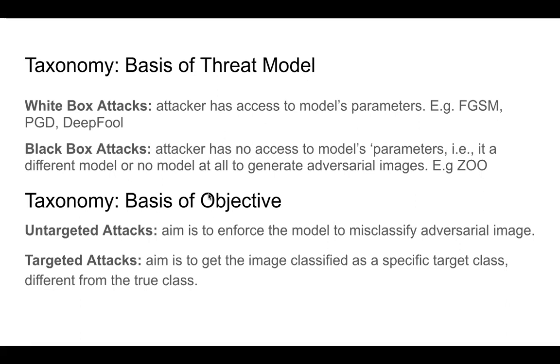You obviously know which task this model is doing, otherwise who are you fooling? You have to know which task it is doing and how to fool it into doing some wrong prediction. But you can never know the parameters, the architecture, or the distribution of the data with which it was trained. So that is called a black box attack.